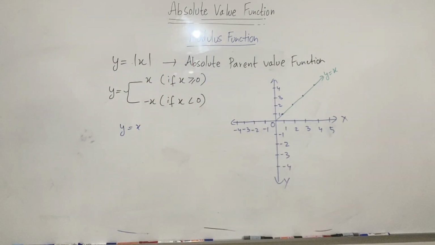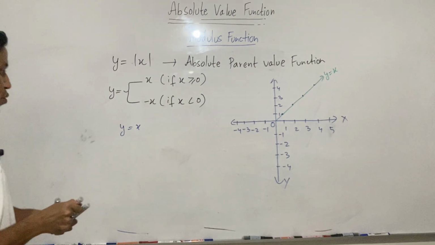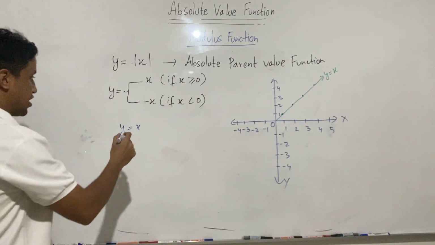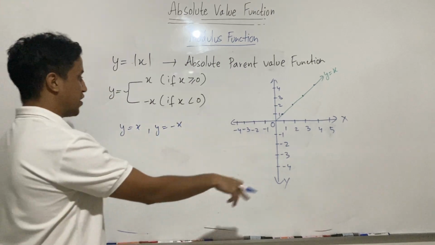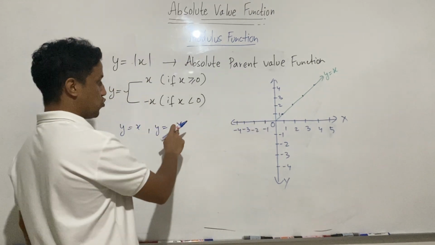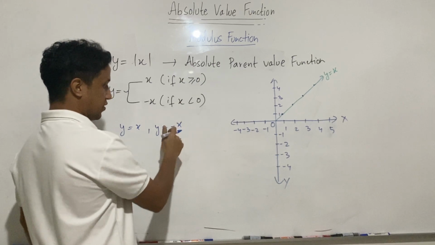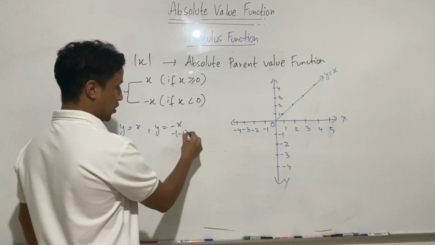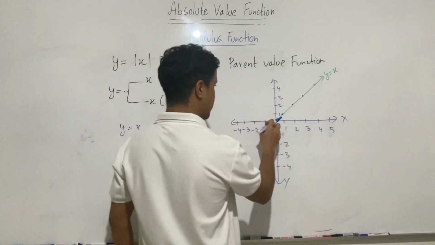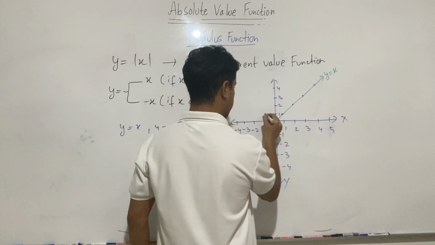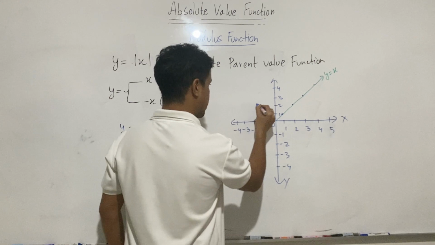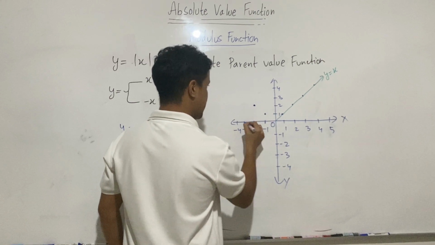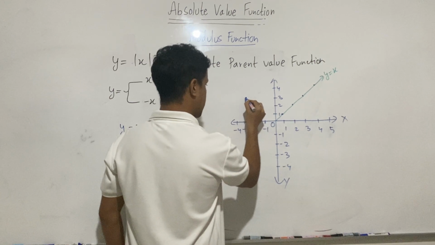y equal to x. And what is the graph for y equal to minus x? Now see here, when you put minus 1, then minus of minus 1 will be 1. So minus 1, 1 here. Minus 2, y is going to be 2, means here. Minus 3, 3 means here.